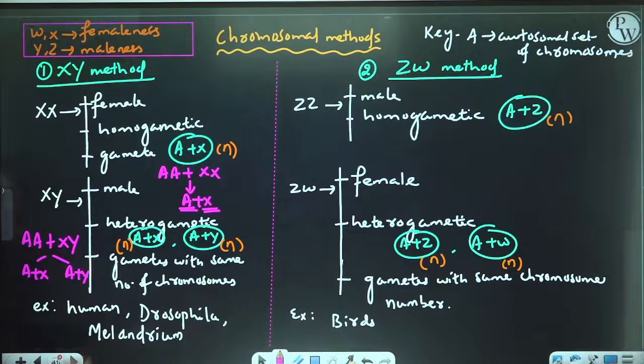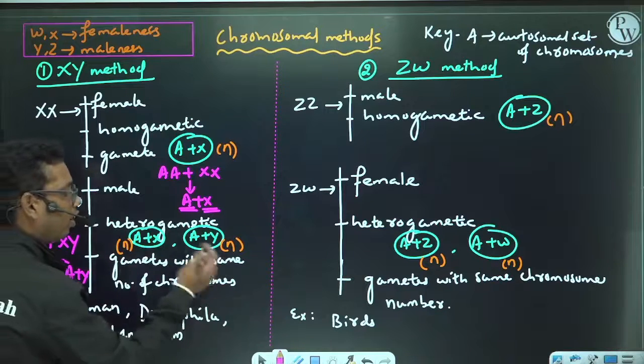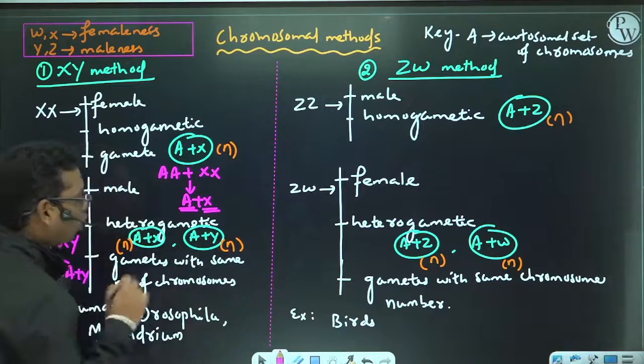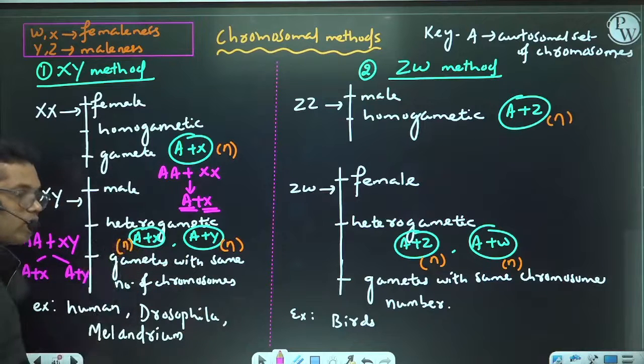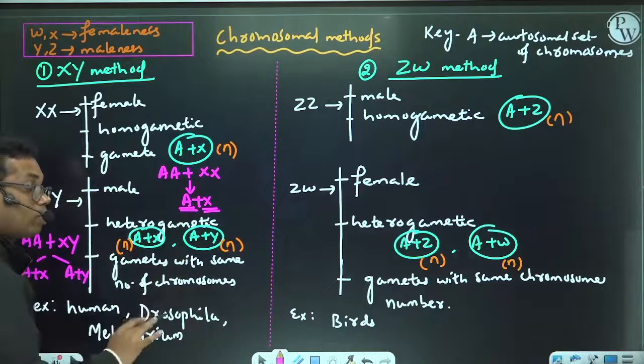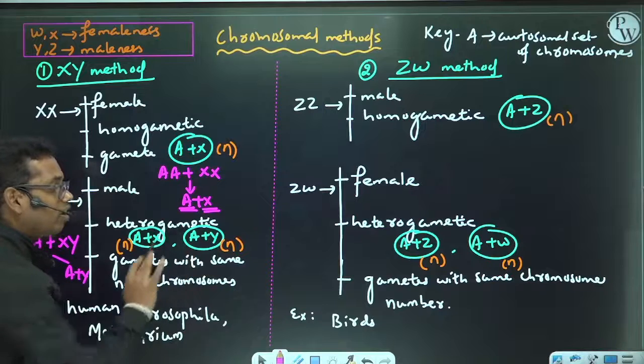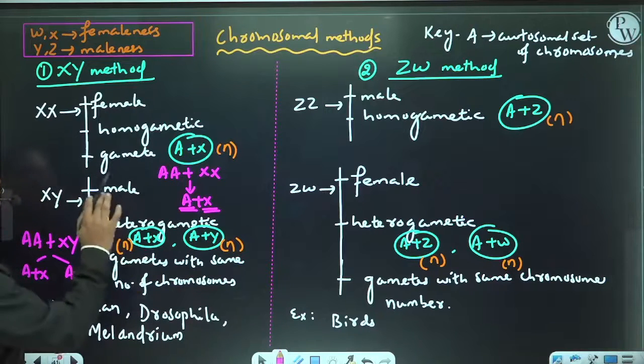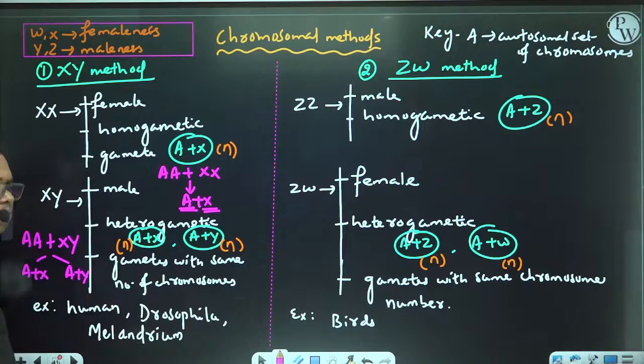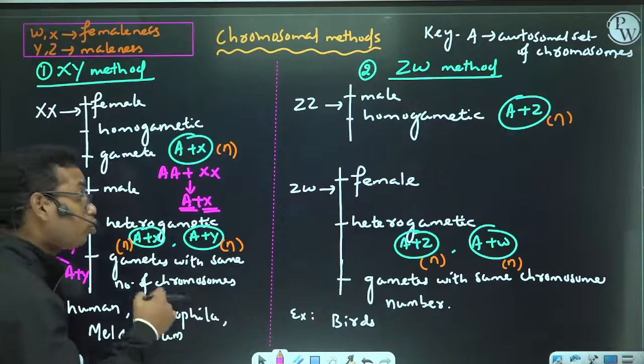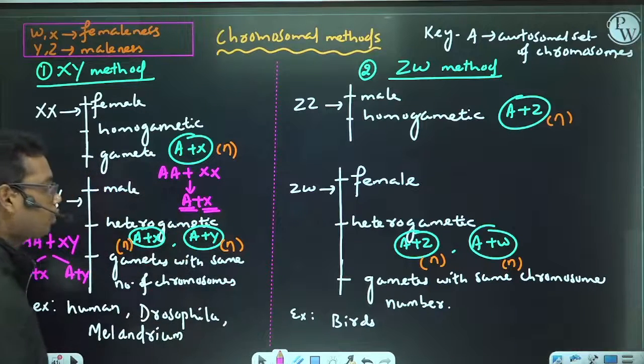This is one gamete, this is another gamete, and both will have the same chromosome number and will be haploid in nature, n. Because in this gamete the X chromosome is present and in that gamete the Y chromosome is present, these gametes are of different types, and that is why this male is heterogametic. Why? Because it is producing 2 different types of gametes.